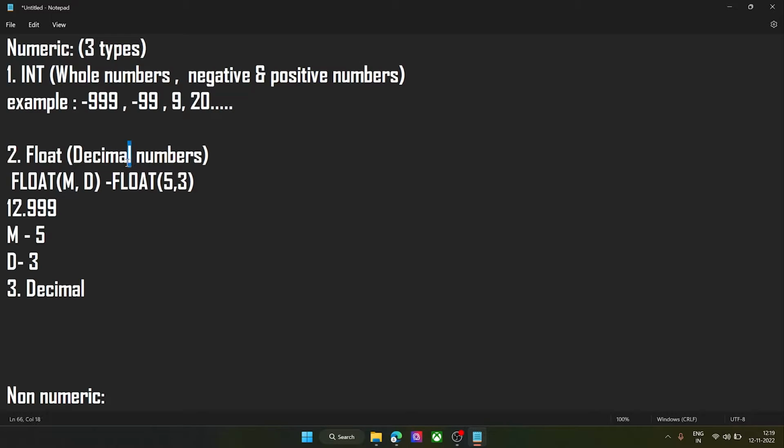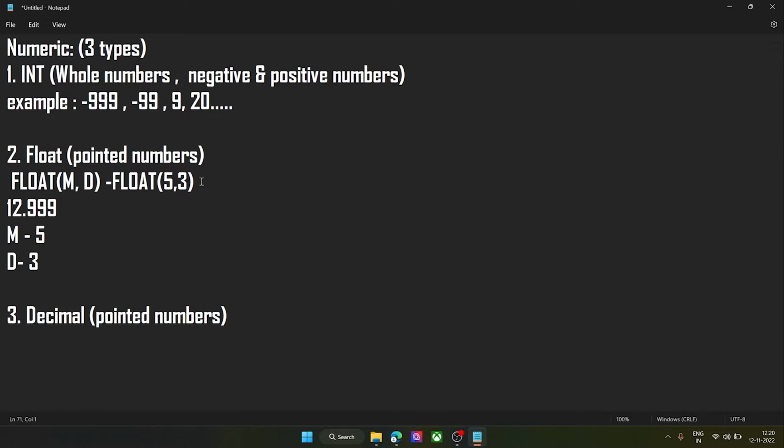We can call them pointed numbers so it won't confuse you. Then you can ask me what is the difference between float and decimal.